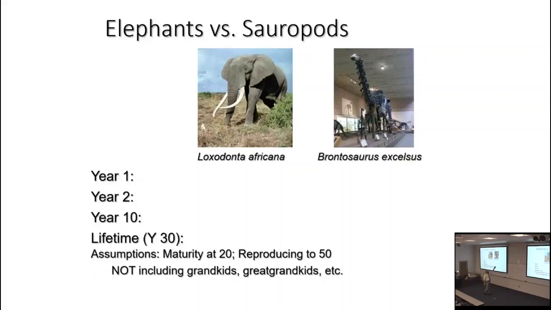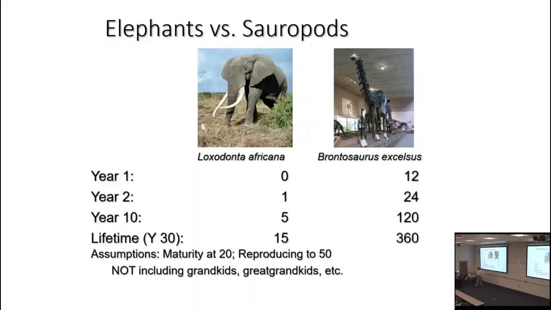When the mama Loxodonta and the mama Brontosaurus reach sexual maturity, at the end of the first year, even if she's pregnant, the elephant hasn't had a baby, the Brontosaurus has popped out 12 little sauropodlets. At the end of the second year, the elephant finally gives birth to her baby, the sauropod has another set of a dozen. After 10 years, if the elephant's lucky, it has produced 5 babies. The Brontosaurus has produced 120.